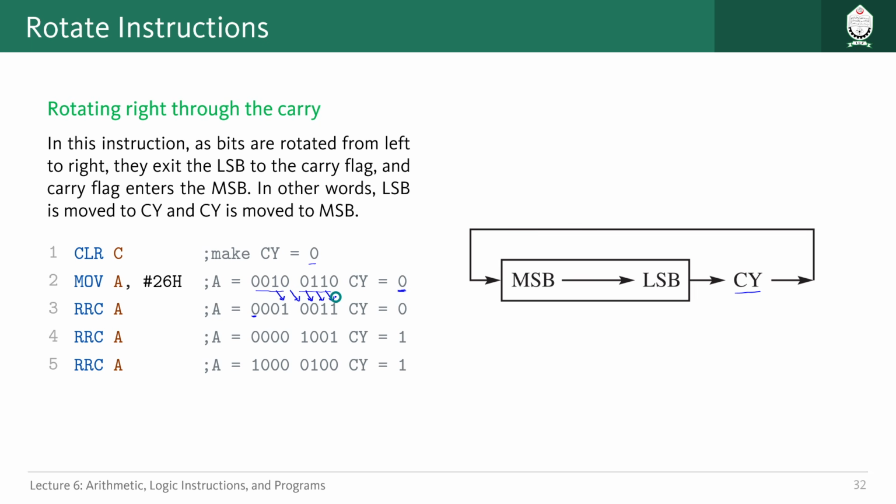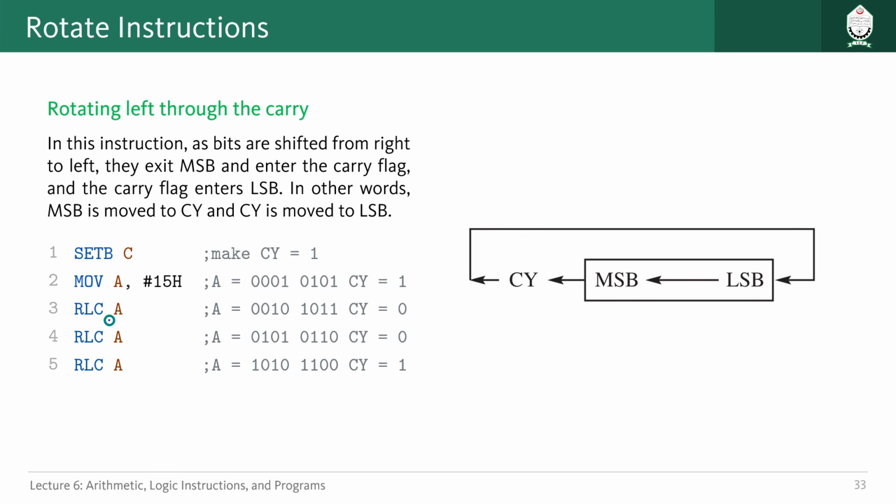And this least significant bit is coming here. In this way this is happening. If you look at the next one, you see all the bits are actually moving to the right here, and then this value is coming to the carry, right? So in this way, each time all the bits are rotating to the right, including the carry.